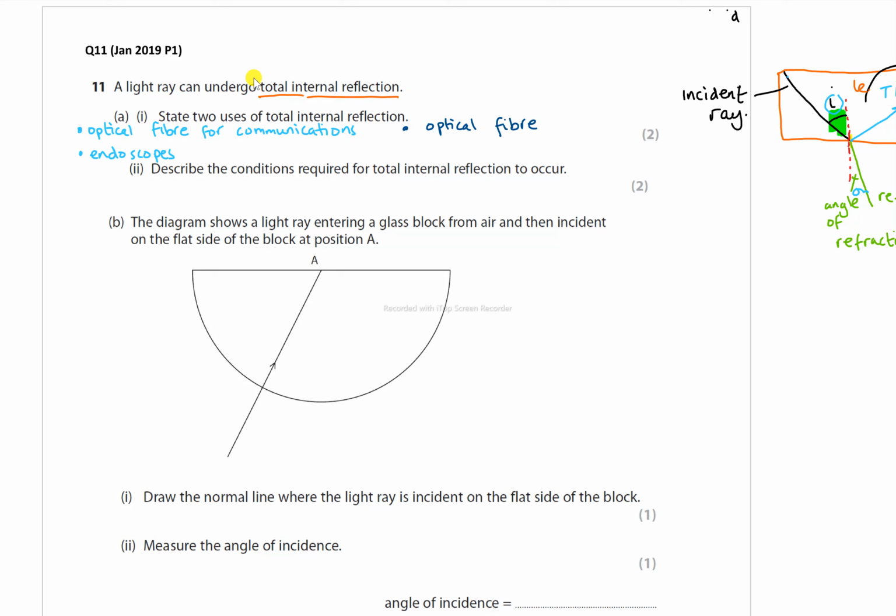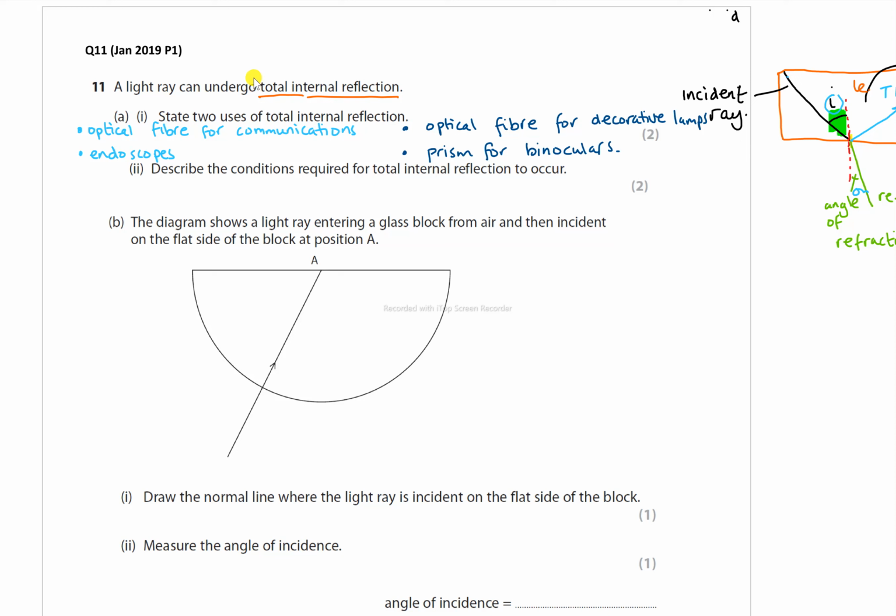Optical fibers for decorative lamps, right? And then safety reflector, okay. And you can have a prism for binoculars or periscopes, right? Any one of those.